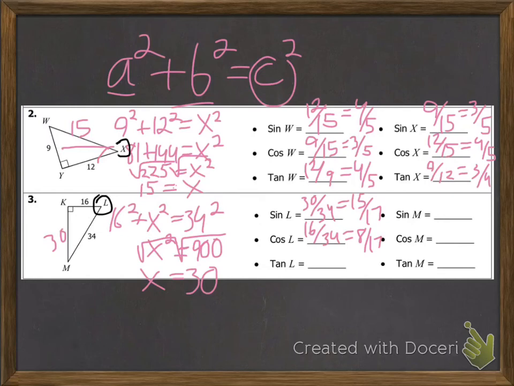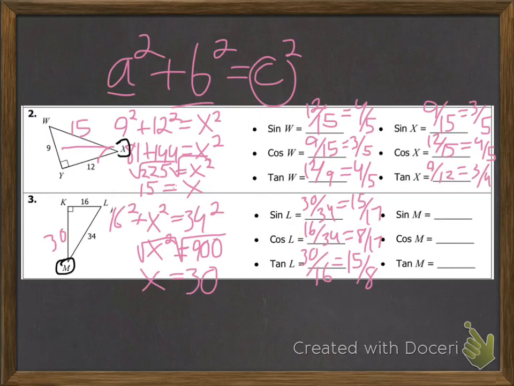Tangent of L would be opposite over adjacent. So we're going to get 30 over 16. And 30 over 16, you divide by 2, and you would get 15 over 8. So now we're done with angle L, and now we're going to move on to angle M right here.